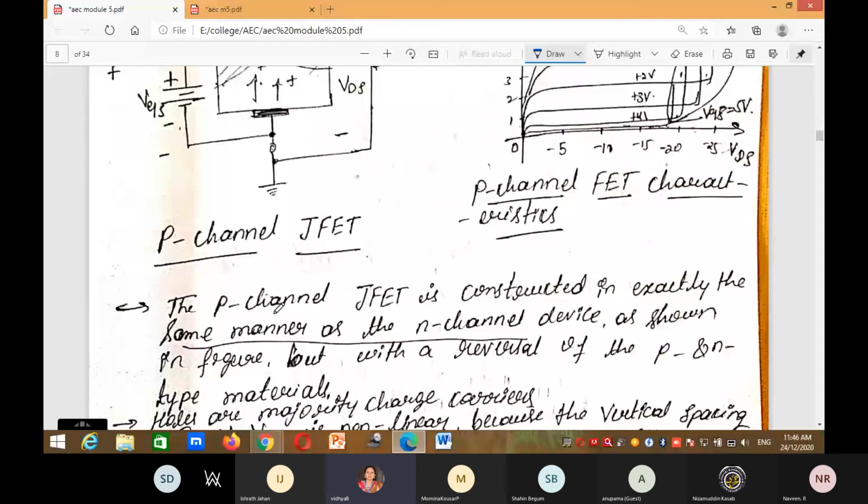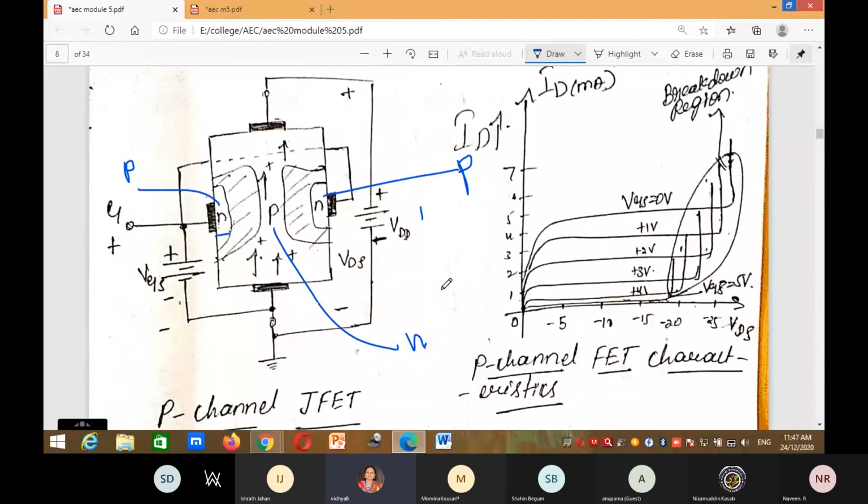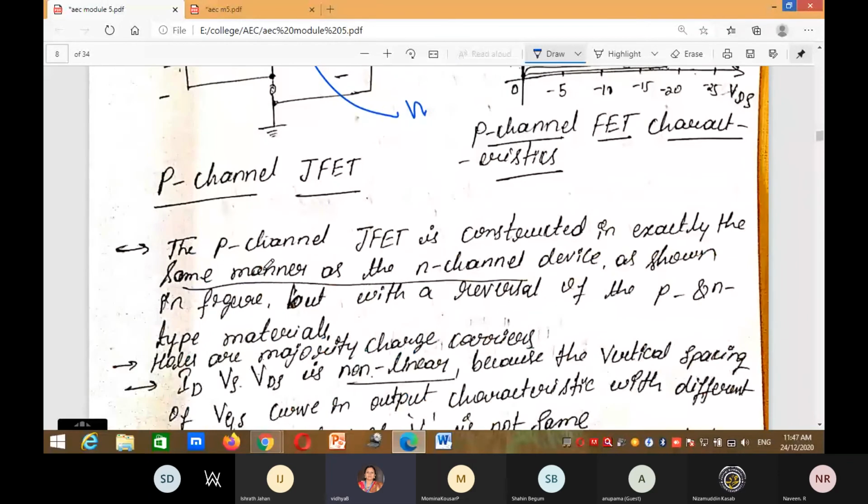You can observe here that instead of N there is a P, and instead of P there is an N, compared with the N-channel. They are saying that this is a reversal of the P and N type materials. Holes are the majority carriers in this case.